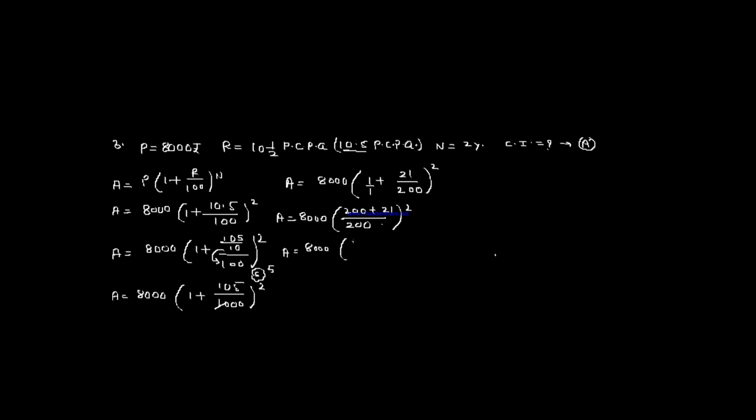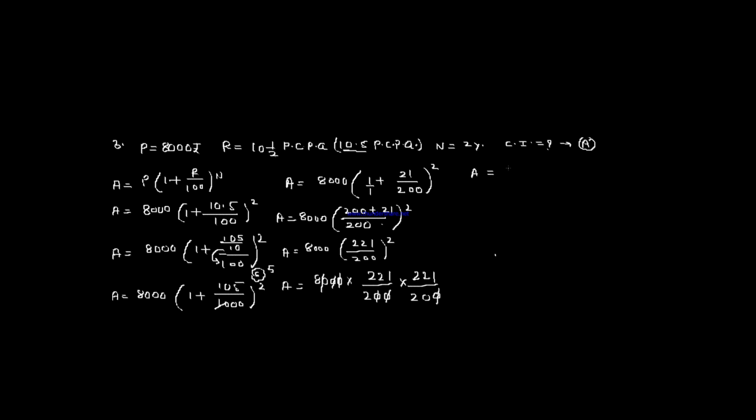The answer will be 221 upon 200, the whole square. And now what we will do, instead of doing the squaring, we will write it 2 times. We'll just write it 2 times. 2 zeros, 2 zeros, right? 1 0 and 1 0, right?